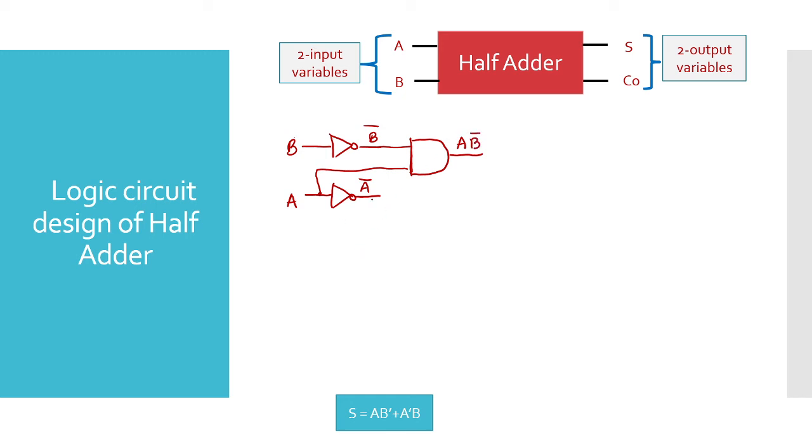The next term is A complement B, so again you take A complement and B, and the dot operator again means an AND gate, so you get A bar B. These two terms are connected with the plus operator, so you map the plus operator as an OR gate.